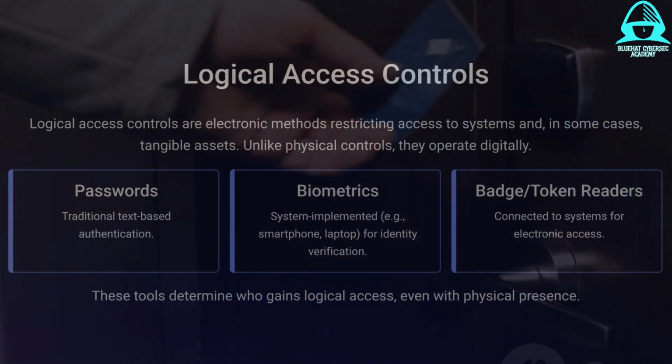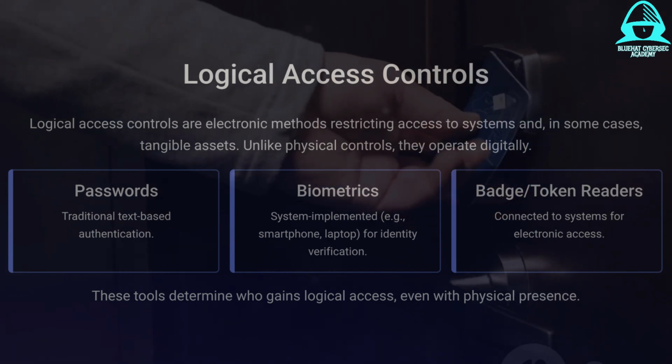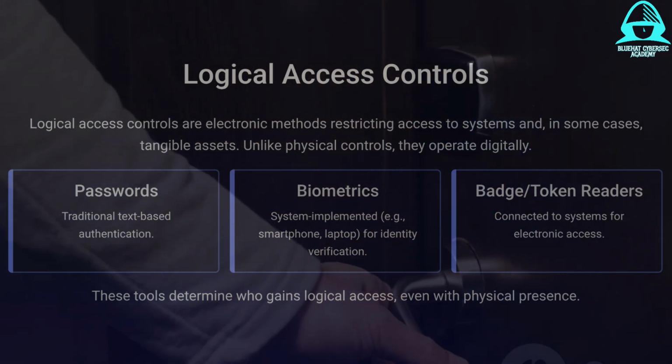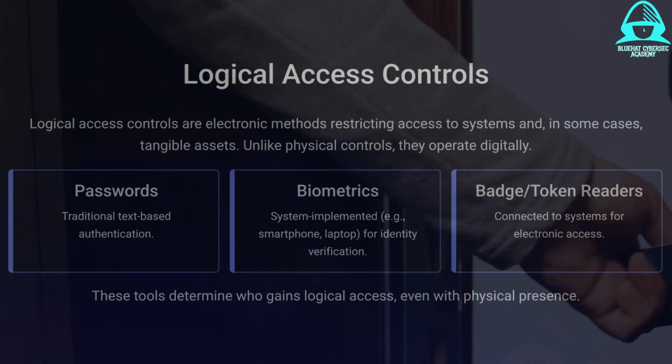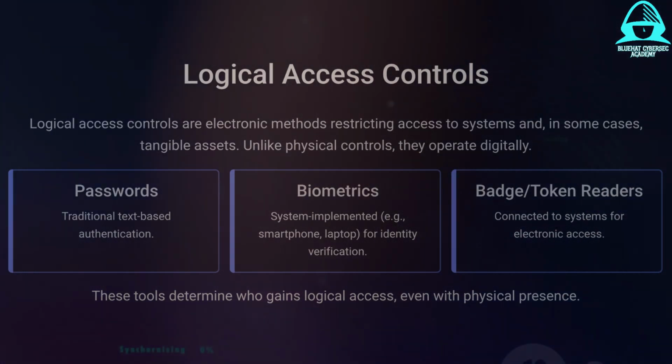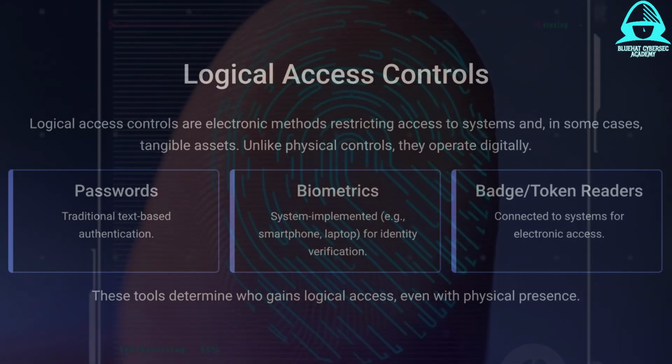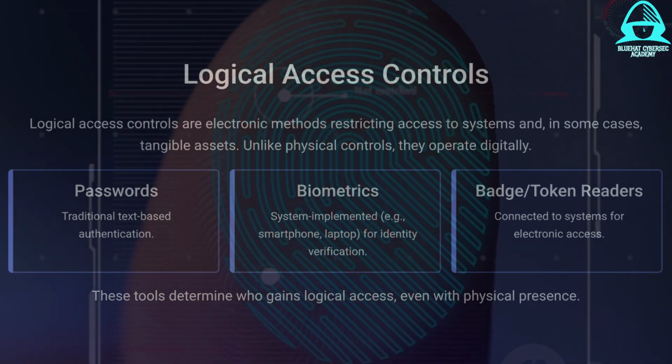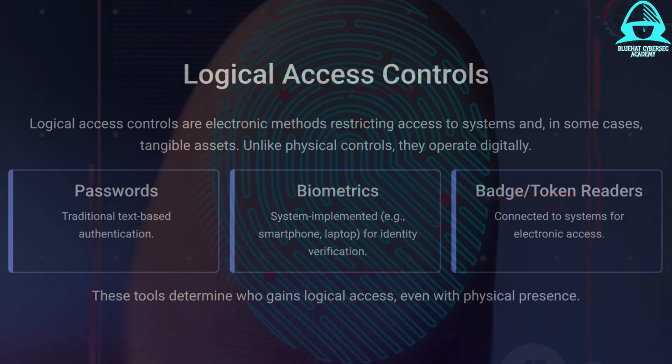What are logical access controls? While physical access controls are tangible mechanisms that limit someone from entering a physical area or accessing a physical asset, logical access controls are electronic methods that restrict access to systems, and in some cases, even to tangible assets or areas.